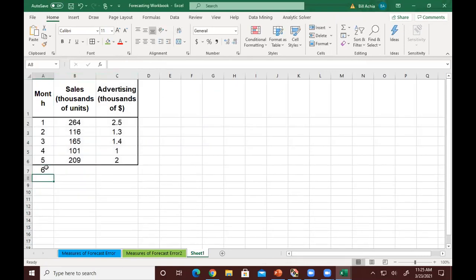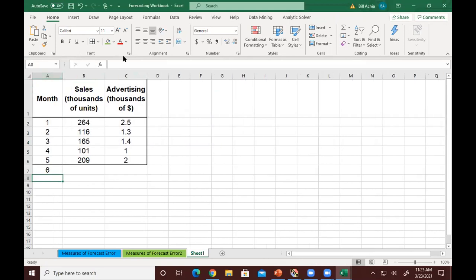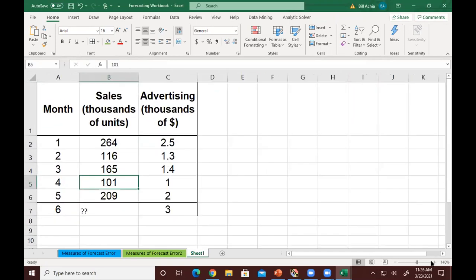I'm just going to add another month here, and I want to know what would happen if I spent $3,000 in advertising. How much would our sales end up being? We don't know what that sales value is going to be, but I do know how much I could potentially spend. So our focus of interest is, should we spend more, and if we spend more, how much should we expect back?